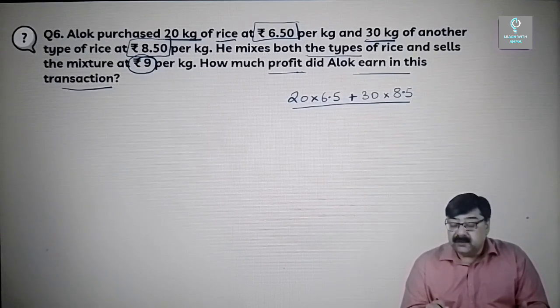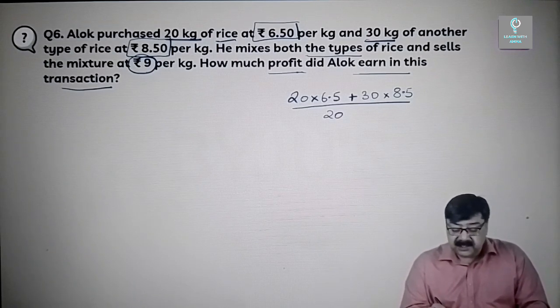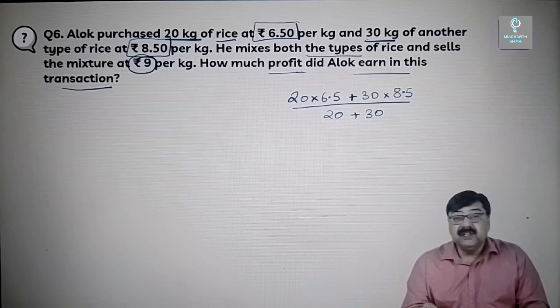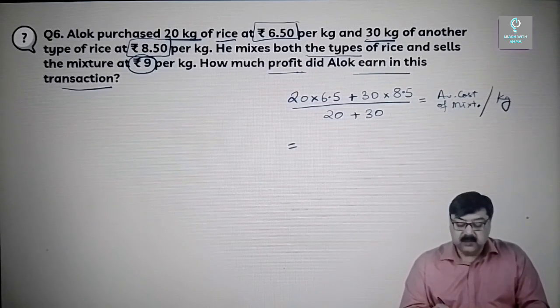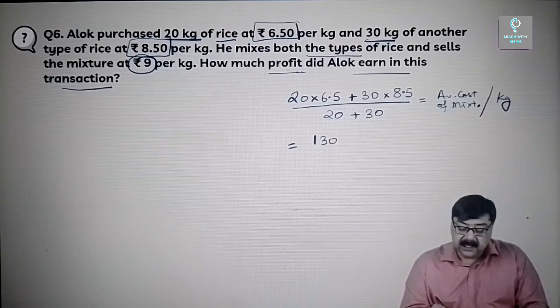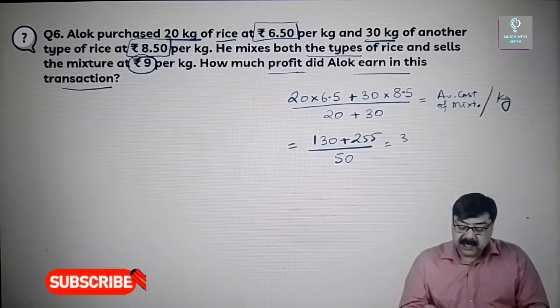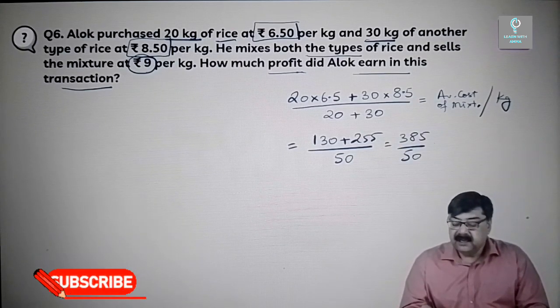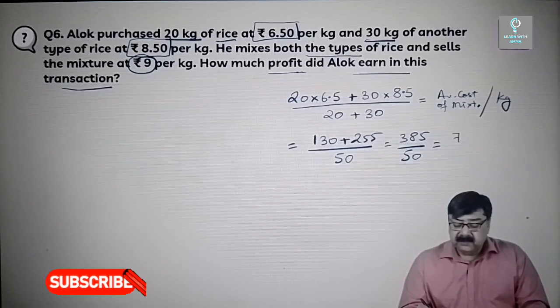Now the total quantity of the mixture shall be 20 kgs of first type of rice plus 30 kgs of second type of rice, and this shall give us the average cost of the mixture per kg. So let us do the calculations here. This shall be 130 plus 255, divided by 50, that is 385 by 50. So 5 sevens are 35. Another 5 combines, so it becomes 35 again.